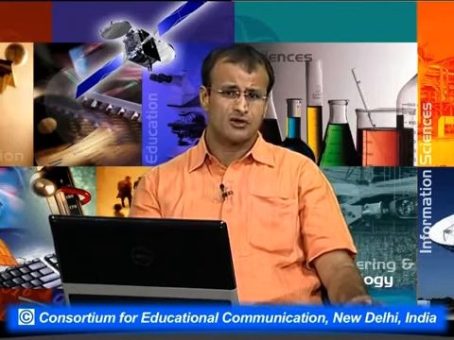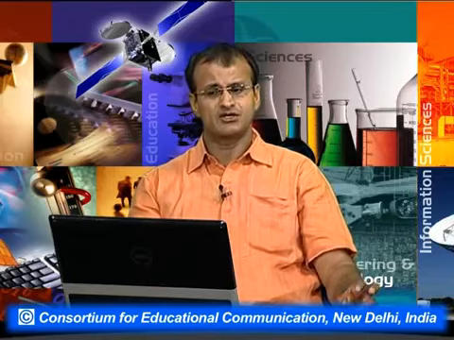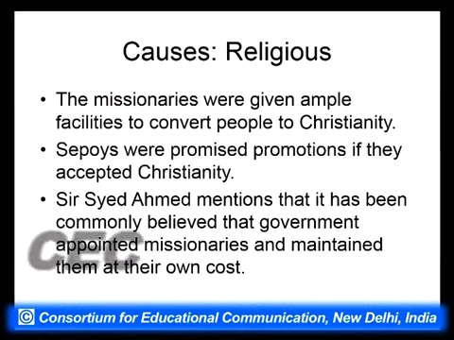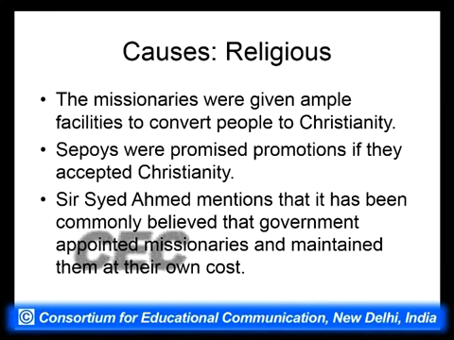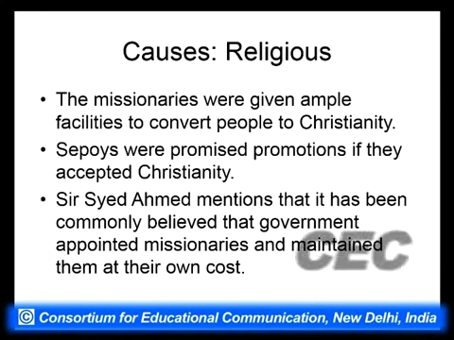When we talk about the other causes, for example, the religious causes, we will talk about the missionaries. The missionaries were given a lot of facilities so that they could convert people to Christianity. The sepoys were promised promotions if they accepted Christianity.